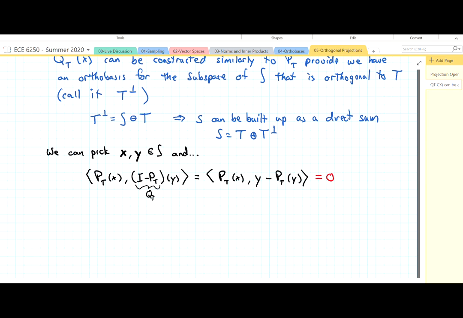And we can do this in other ways as well, where we have Pt of x with y. Well, what is this going to be?